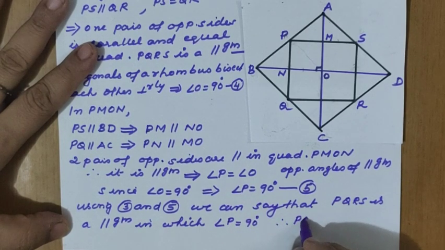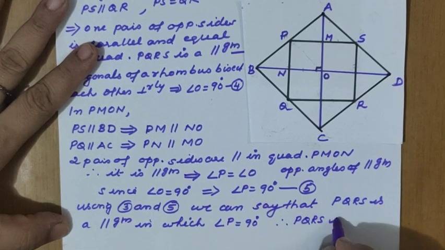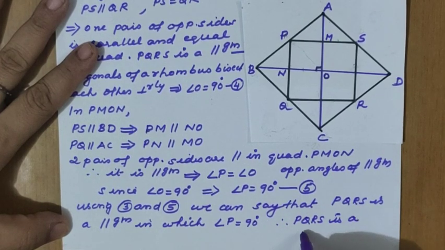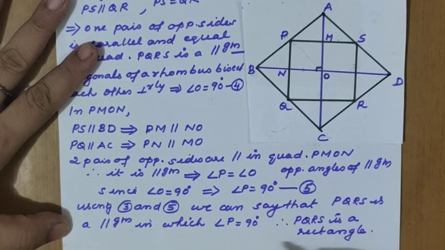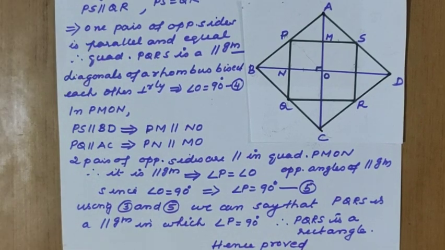Therefore, PQRS is a rectangle. Hence proved.